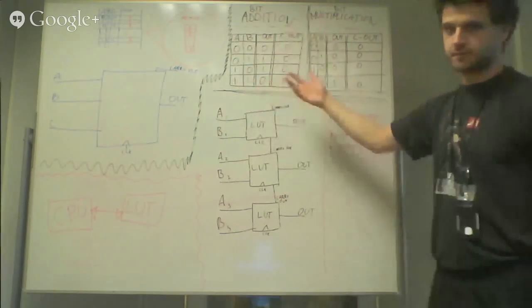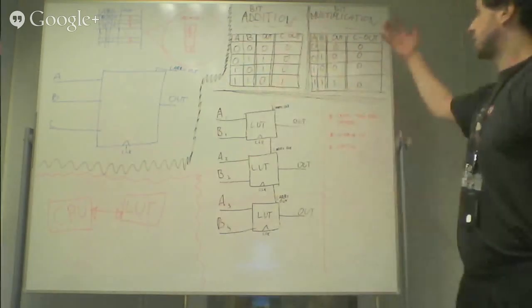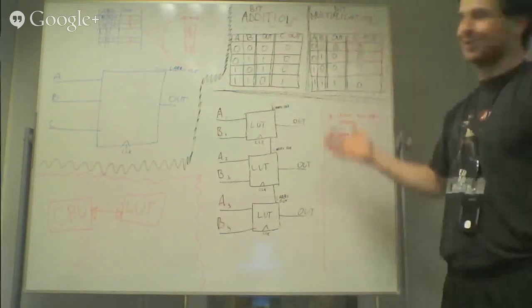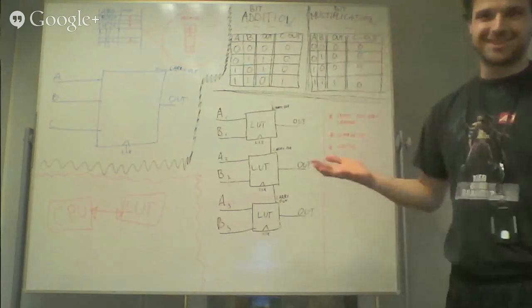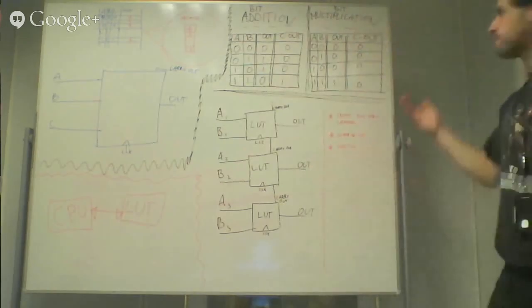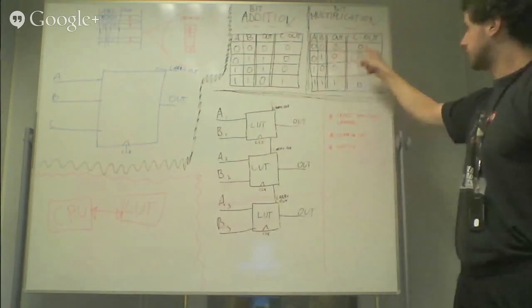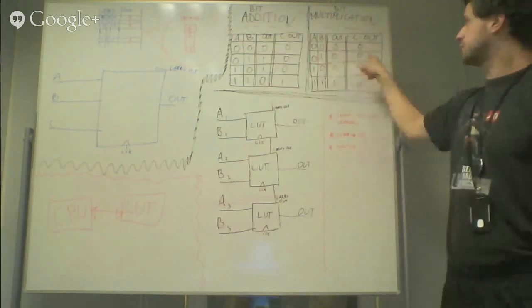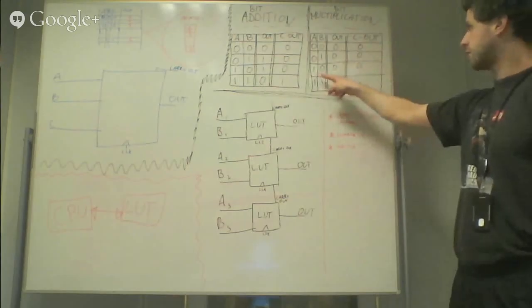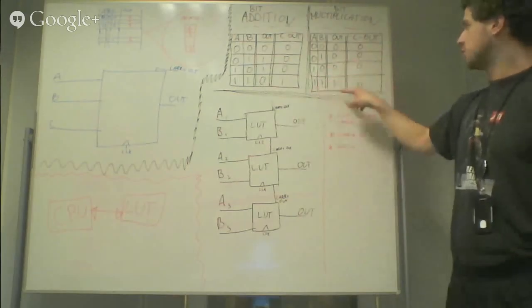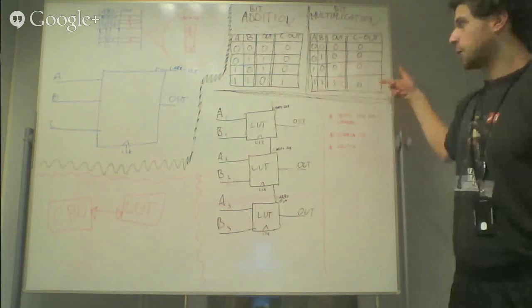Bitwise addition. So let's look at bitwise multiplication, which, well, it's a bit silly, but I will use it in this example anyway. If you have 0 times 0, you will get 0 out and 0 to carry. 0 times 1, 0. 1 times 0, 0. 1 times 1, 1, and 0 to carry out.